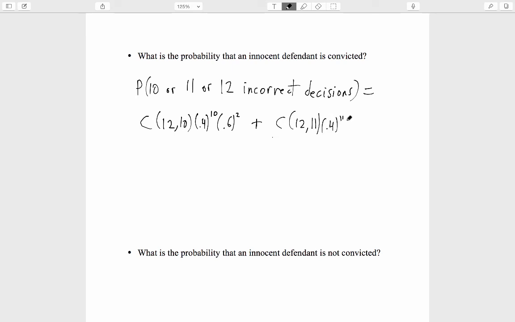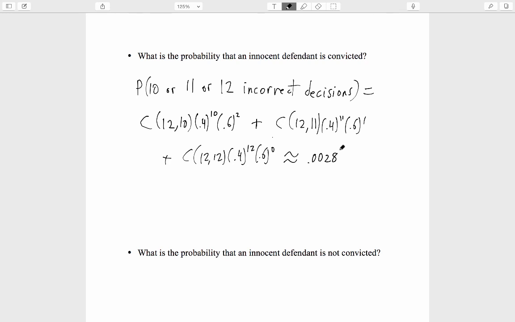That's 12 choose 11, 0.4 to the 11, 0.6 to the 1, plus 12 choose 12, 0.4 to the 12, 0.6 to the 0. That last one is the probability that they all get it wrong. Fortunately, this is quite small. It's approximately 0.0028.